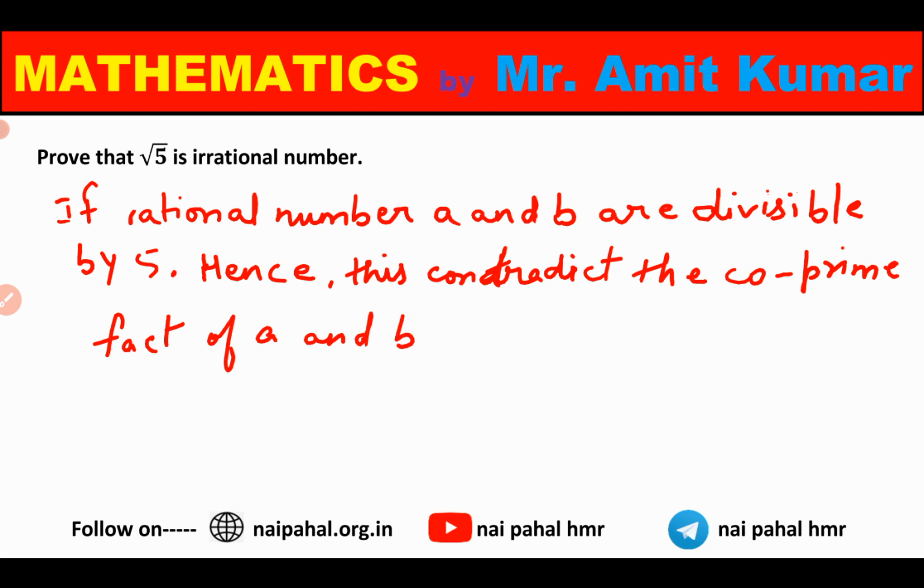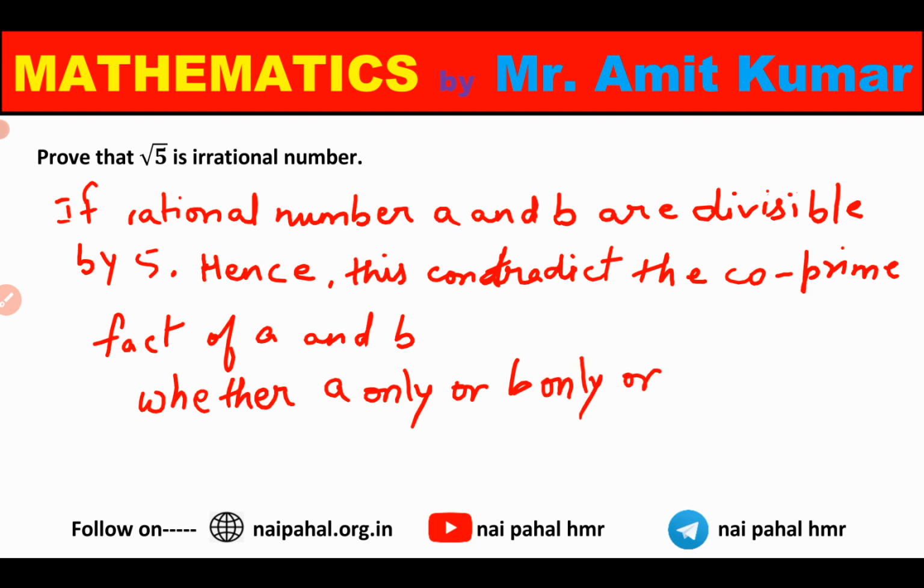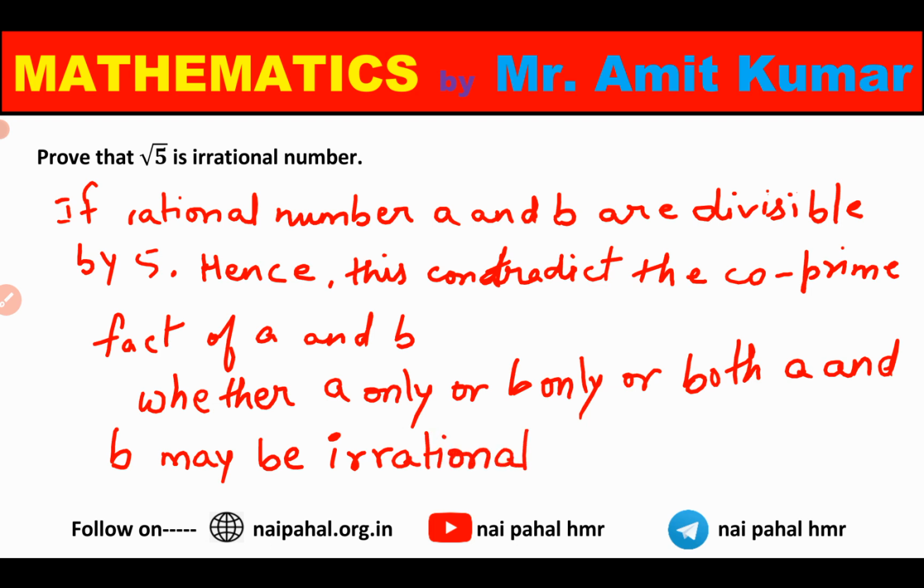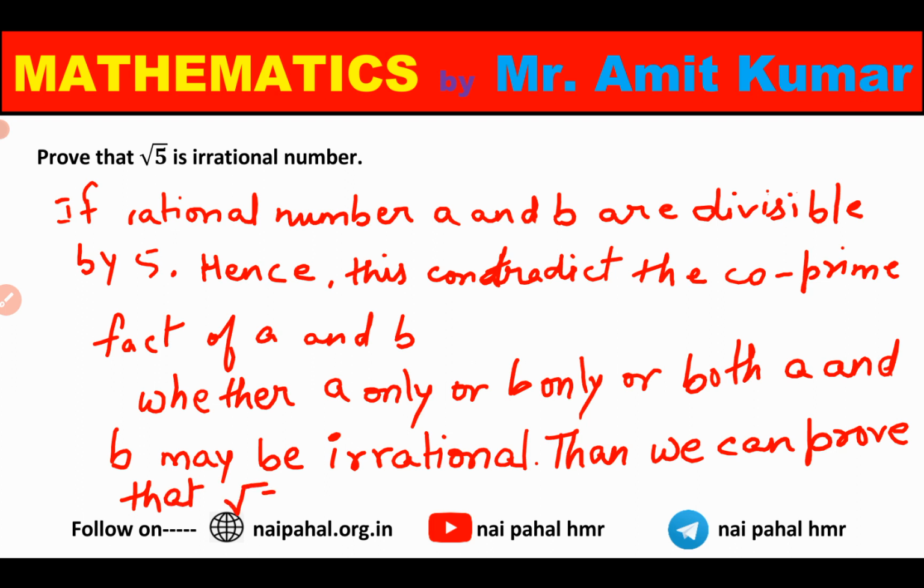Whether a only or b only or both a and b may be irrational, then we can prove that root 5 will be an irrational number.